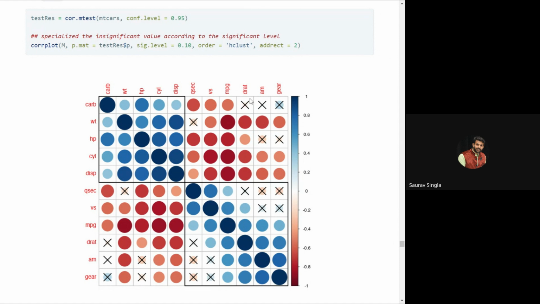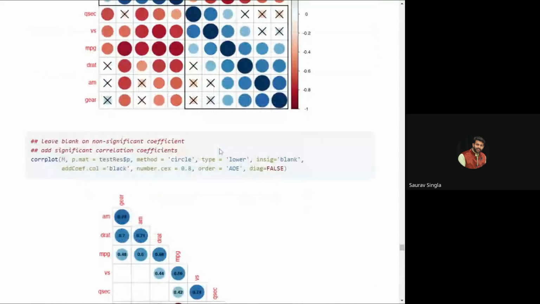If the correlation is not significant, it will put a cross over it, so there is no need to look at a non-significant correlation, because non-significant means your null hypothesis gets accepted, and the null hypothesis was that your correlation equals 0.